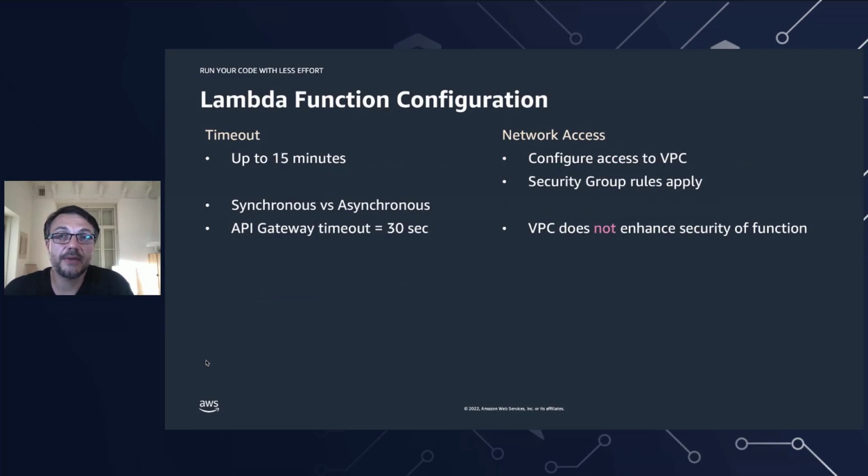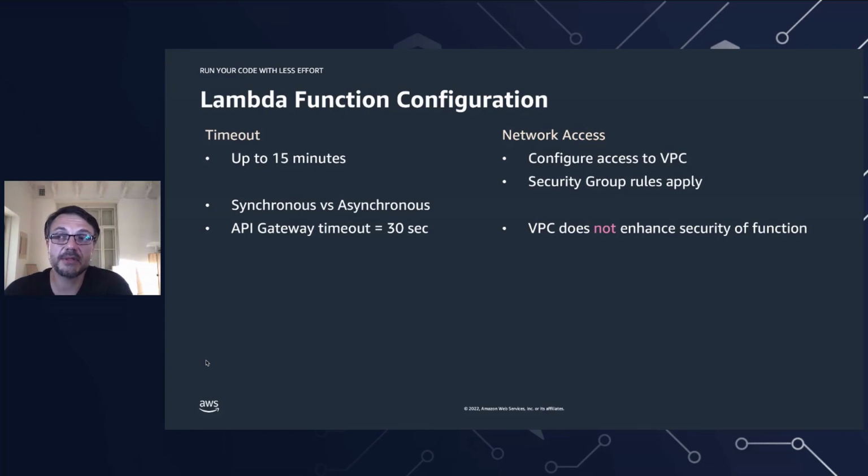Another thing you can configure is the timeout. By default, the timeout is set to 3 seconds, but you can extend it up to 15 minutes. This is the maximum time your Lambda function may run. Also, depending on the event source, your function may be run synchronously or asynchronously.